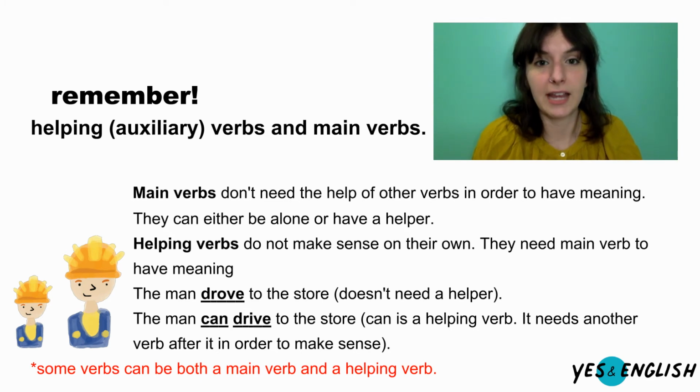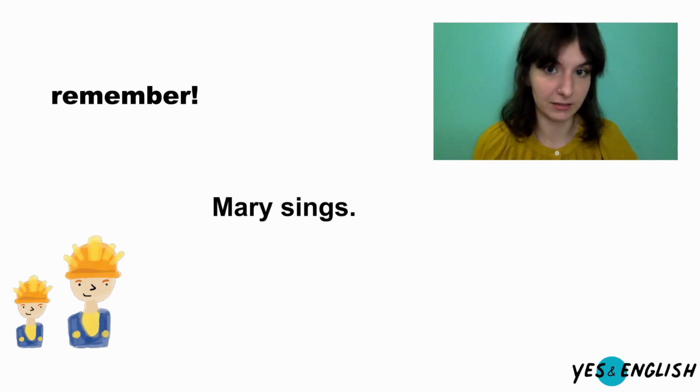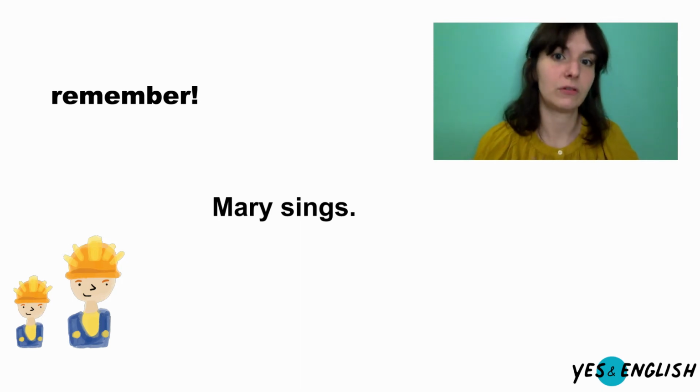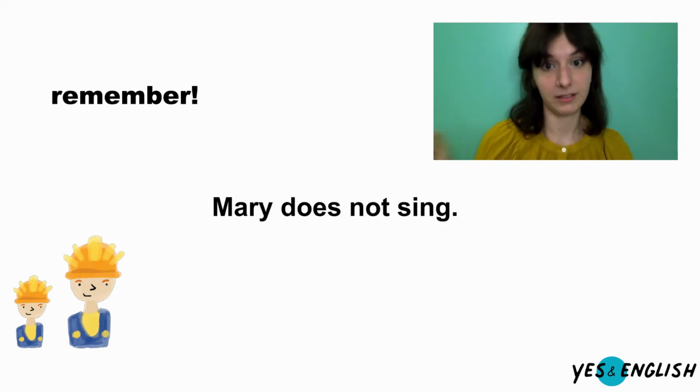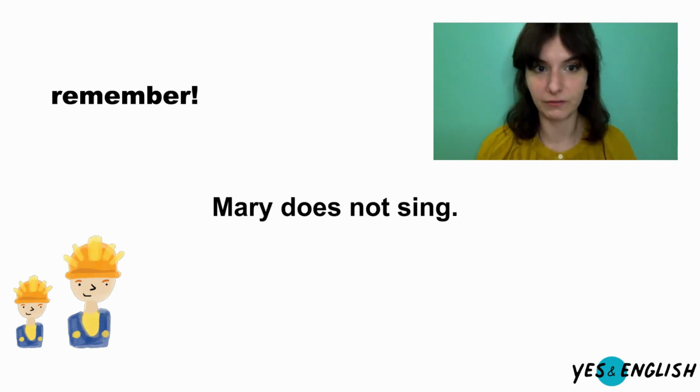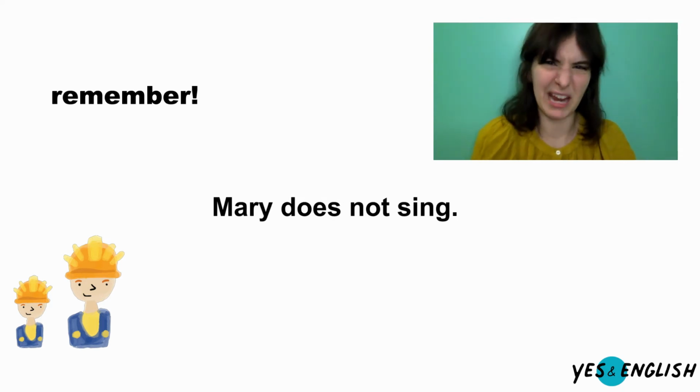So you could say, Mary sings, right? And if you wanted to make that negative, what do you have to say? Mary does not sing. Okay, so in this construction does doesn't refer to the verb to do. It's actually just helping sing become negative.